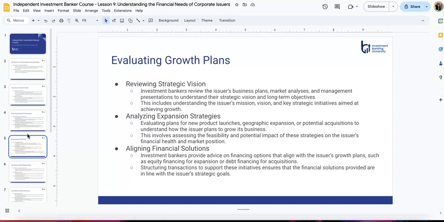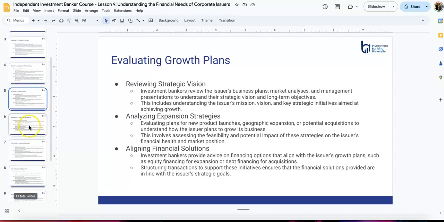We then analyze their expansion strategies, whether it's new product launches, geographic expansion, potential acquisitions, all of that good stuff, and understand the feasibility and potential impact of these strategies. Once we understand where they're going, we can start to solution map financial solutions to those growth plans, such as equity for expansion, debt financing for acquisitions, and then structuring transactions to support these key initiatives with the capital necessary.